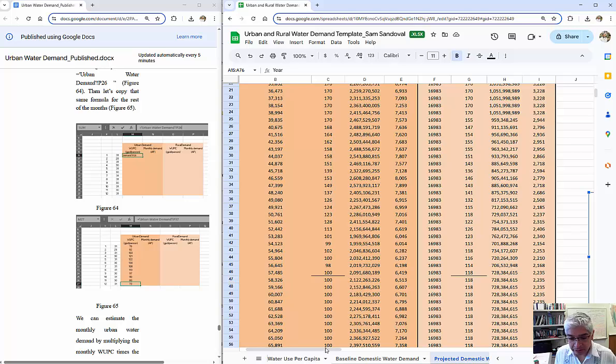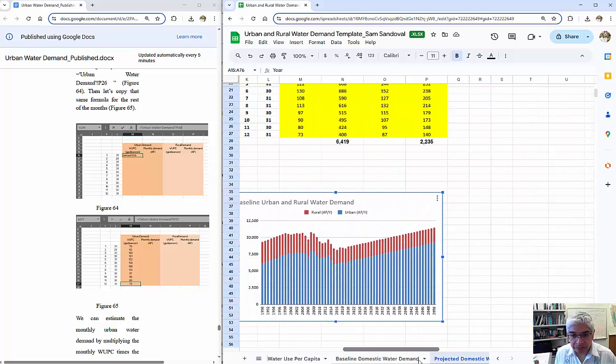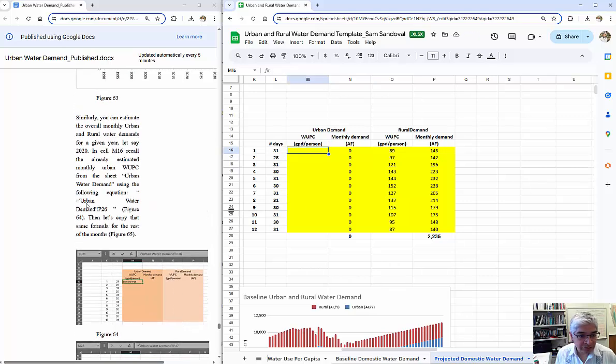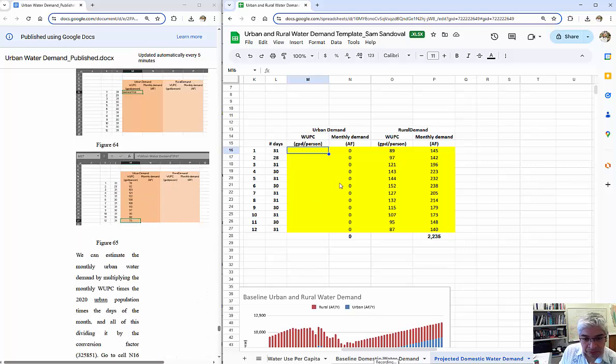So here now, in this one it's already reading where this data comes from. But basically this data, if you remember, comes from the urban water demand. This should come from the values that we already calculated.